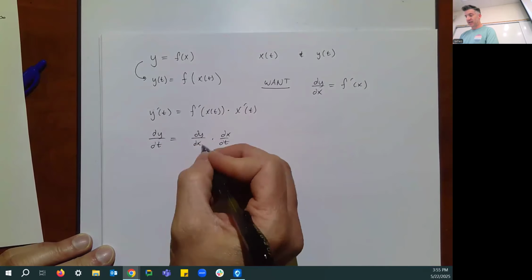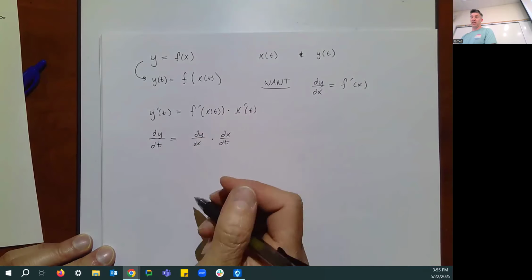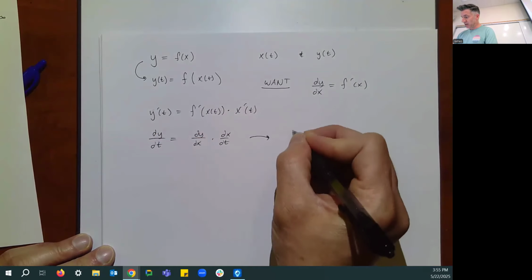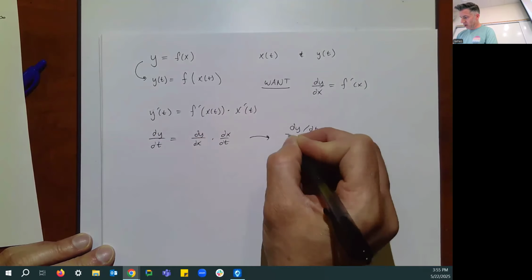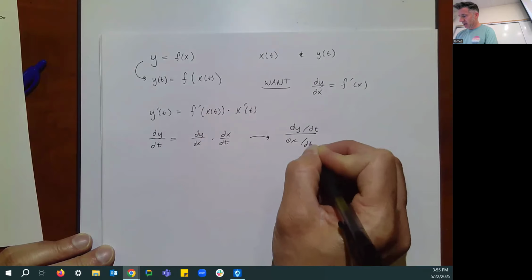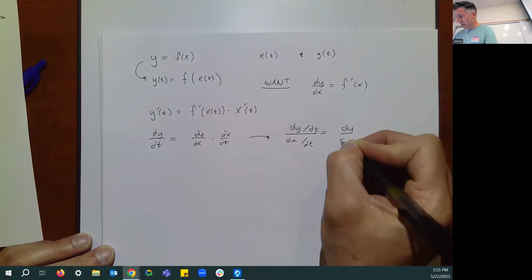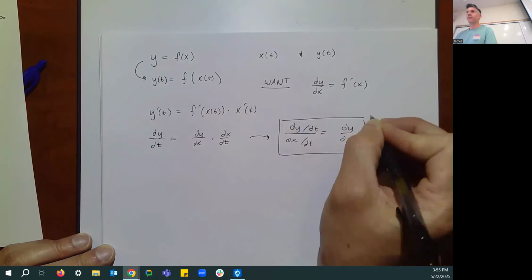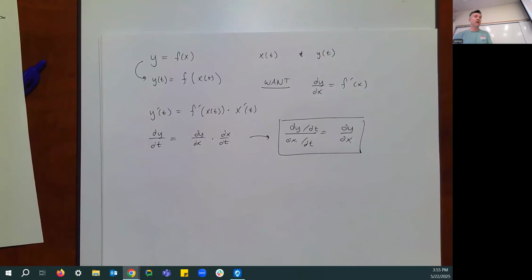And then if I isolate dy dx by dividing both sides by dx dt, I end up getting dy dt over dx dt is equal to dy dx. Which is a bit more of a justification for why we're actually allowed to do what we do. So it really is the case that dy dx is equal to dy dt over dx dt.